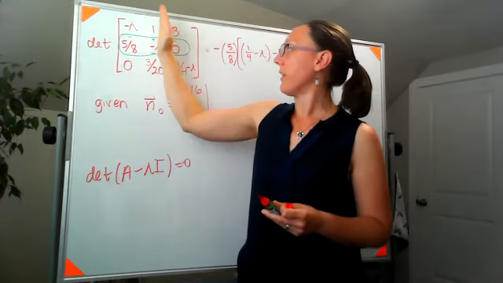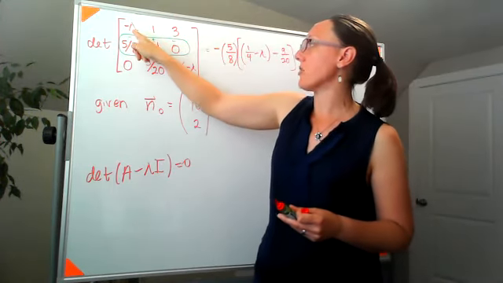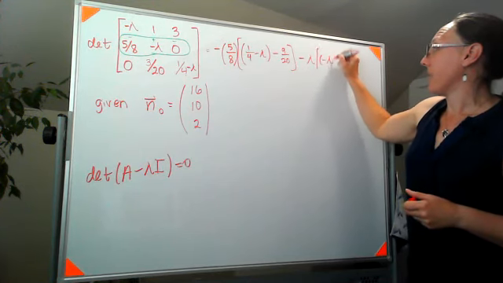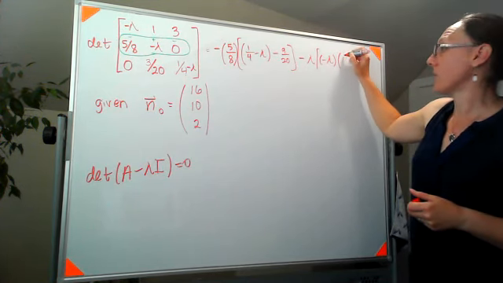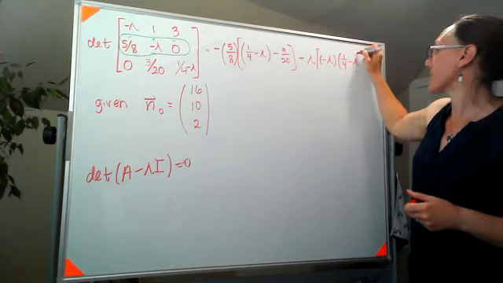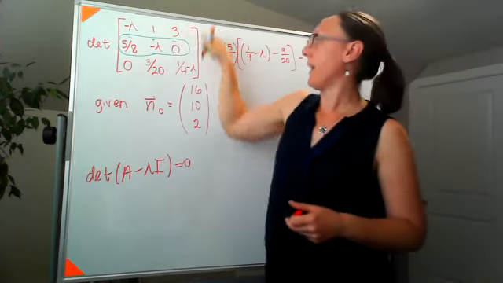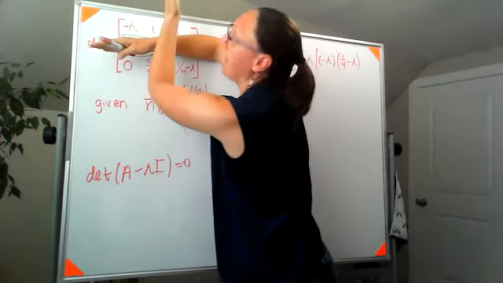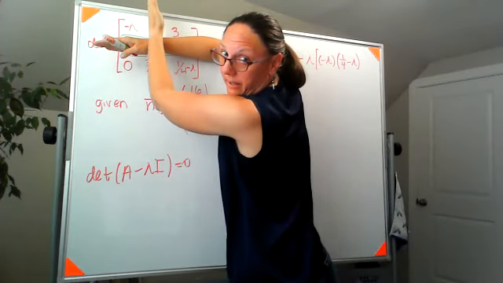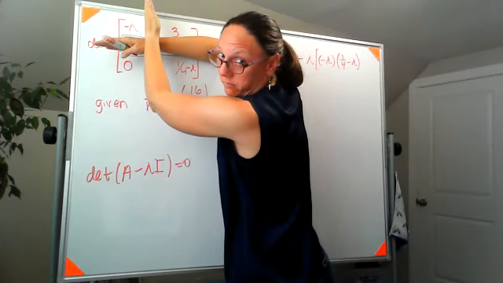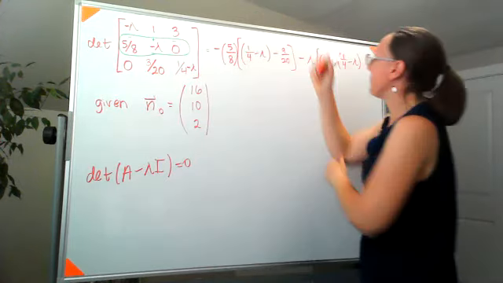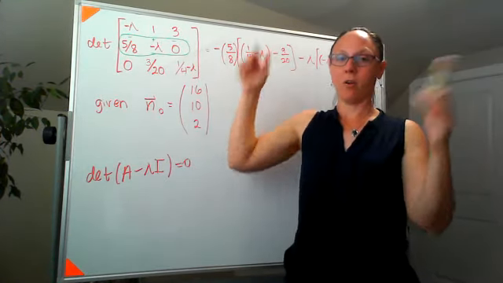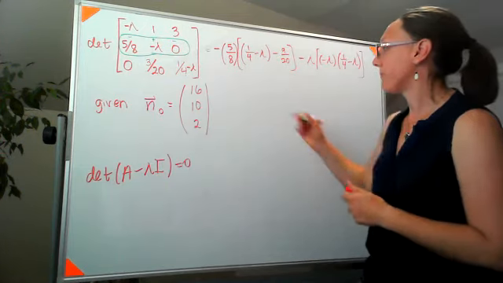And then if I block that column and that row, the determinant would be negative lambda times 1/4 minus lambda, and then minus 0, again, because I'm blocking out this row and that column and finding the determinant of the 2 by 2 that's left. And then plus 0.